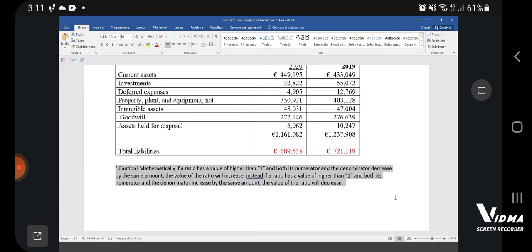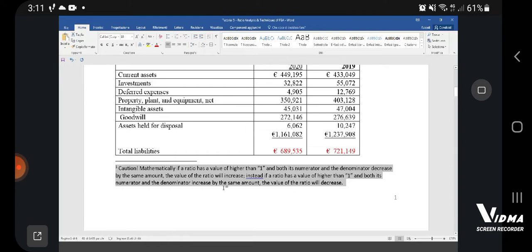That seems counterintuitive, I know. But that is what math says in financial analysis. I checked with real numbers and it is true. When you have a ratio bigger than 1 and you decrease both numerator and denominator by the same amount, the value of the ratio will actually increase. Okay, that is true. I checked that.